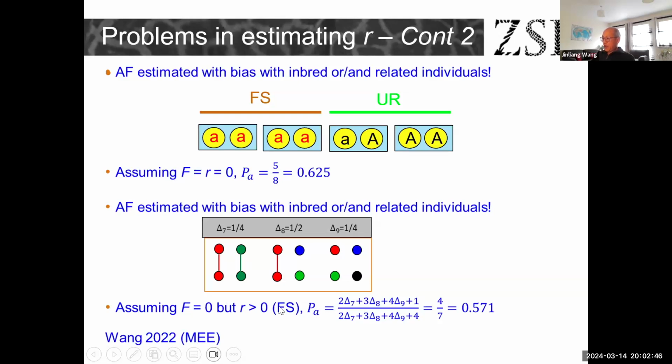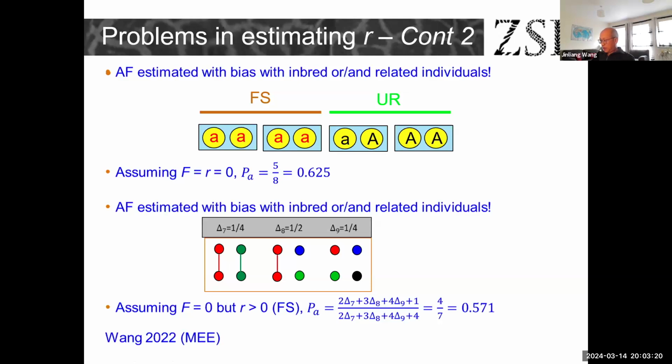So basically, we know for full siblings, they have two pairs of genes identical by descent with the probability of a quarter, only one pair of genes identical by descent with the probability of a half, and no genes identical by descent with the probability of a quarter. So in the first case, we have only two alleles that are independent.